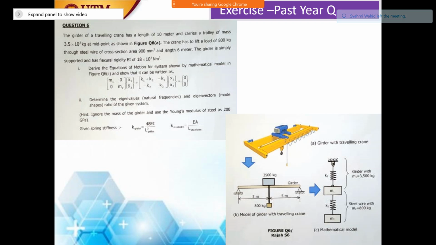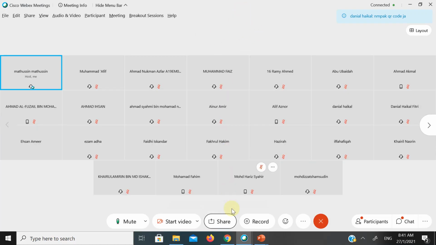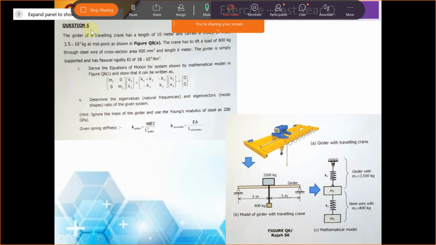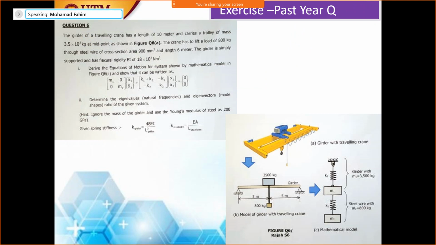The girder of a travelling crane has a length of 10 meter and carries a trolley of mass 3.5 kilogram.